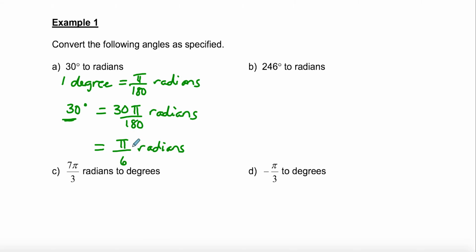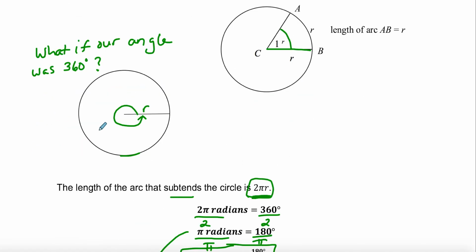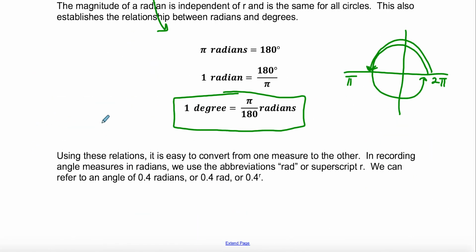How that might relate to our circle, if we imagine dividing pi into 6 equal sections like that, 1, 2, 3, 4, 5, 6, we're saying that 30 degrees is one of those pi over 6 radians.